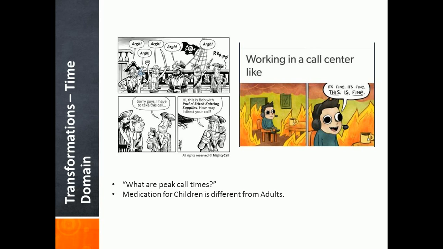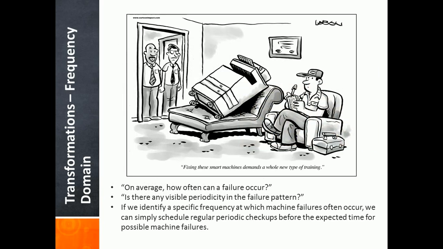At the same time, there is something referred to as the frequency domain. In the frequency domain, for instance, a good question could be, how frequently does your machine give a problem? And that itself is a good example by which you can schedule periodic checkups for a machine.